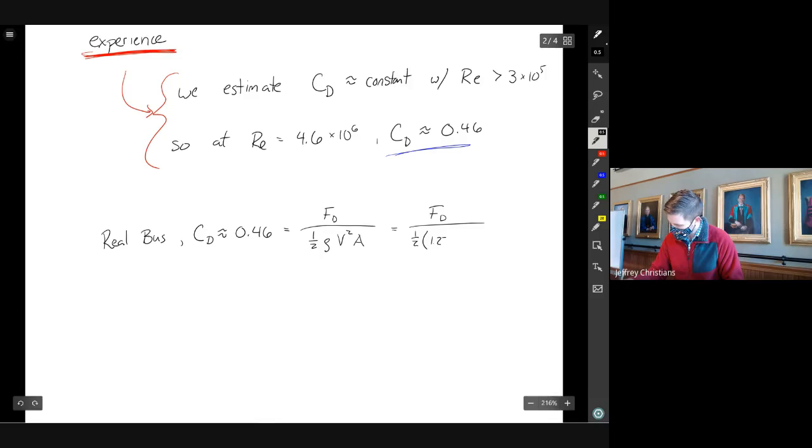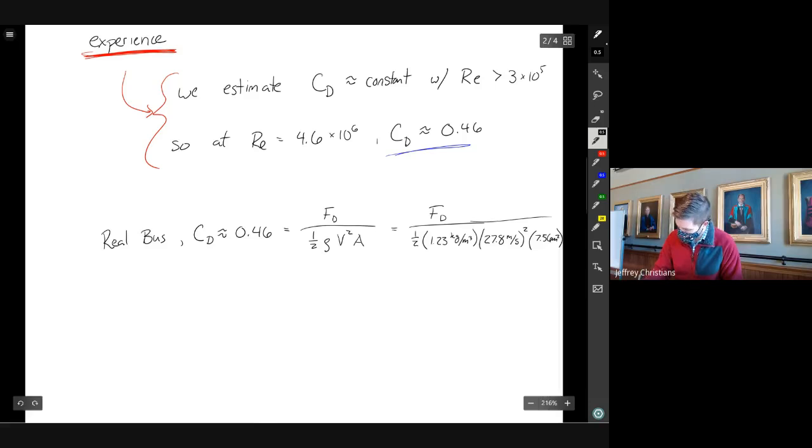Rho is 1.23 kilograms per meter cubed. Velocity was 27.8 meters per second, squared. And area, about 7.56 meters squared.